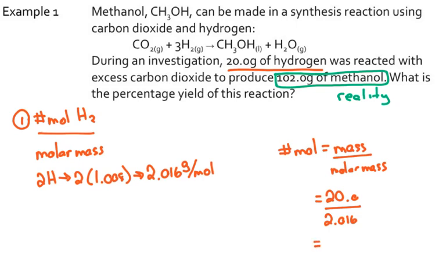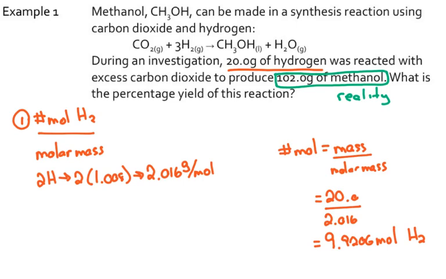And I won't take this to sig figs yet because this is only one step of the question. Means that we have 9.9206 moles. And I'm going to be very specific here. I'm going to say moles of H2, just like with the stoichiometry question. Because we are dealing with different substances, we do need to identify which substance we have. So step one is complete.